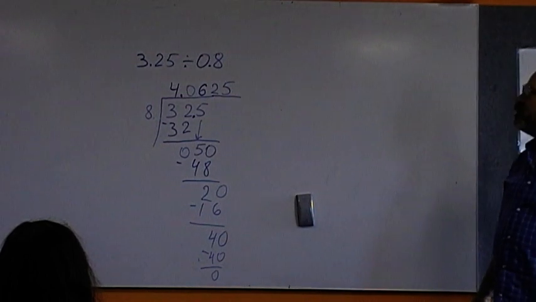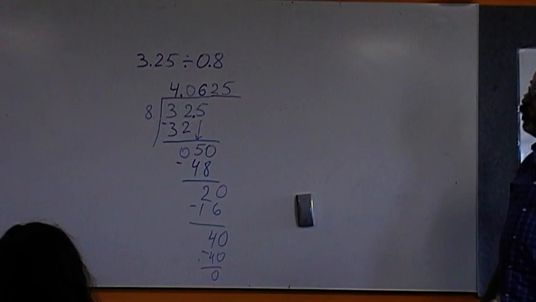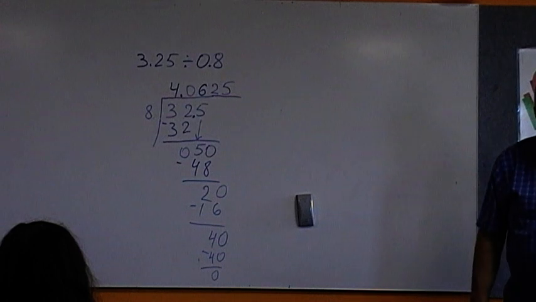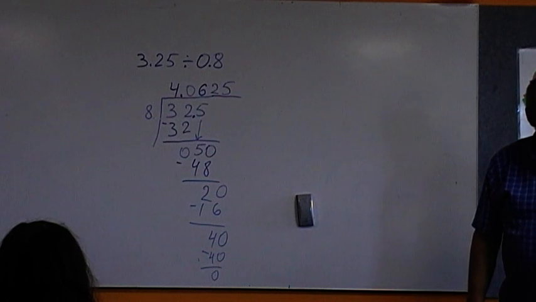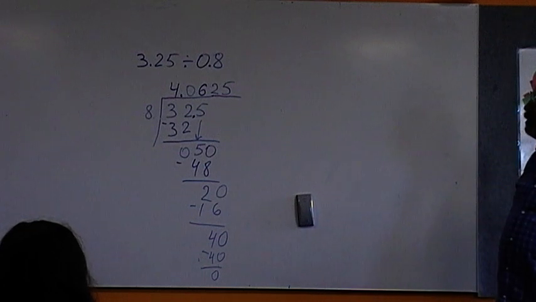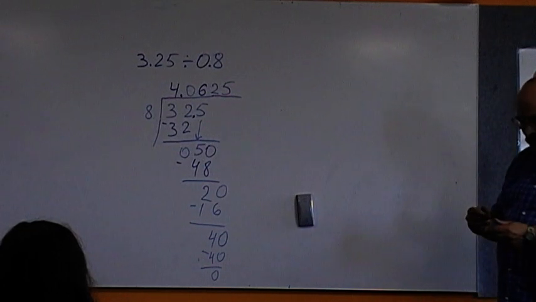So it is 4.0625. But how does that make sense? Three point something divided by 0.8 is more than 3.25?